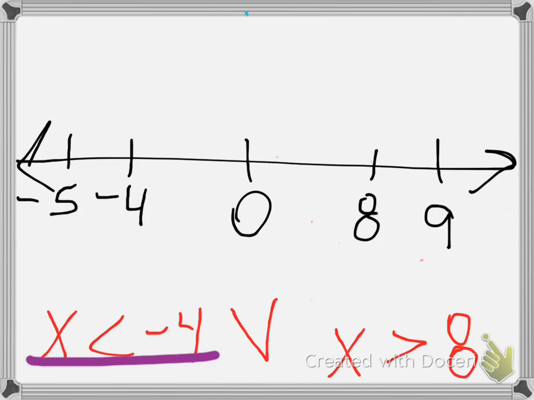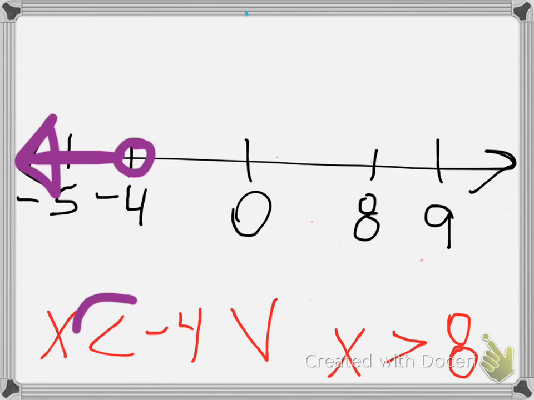So first I'm going to graph my x is less than negative 4. Because that's a less than symbol, open circle at negative 4. All the numbers that are less than that are actually the numbers that are to the left. Remember, the same direction that that inequality is pointing kind of gives you a hint there. And now let's move on to this x is greater than 8.